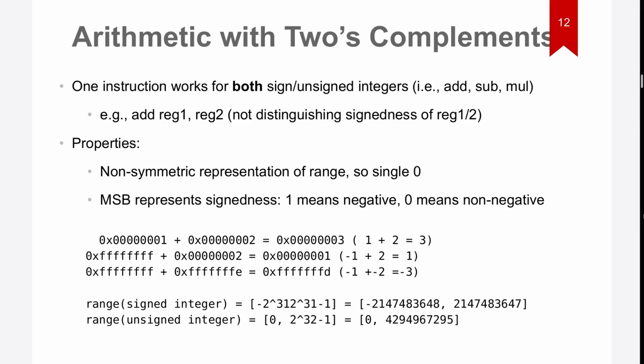If you look at concrete numbers, for 1 plus 2, nothing really changes. But assuming we're in 32-bit, -1 is represented as all bits 1, and then we can add the 2.